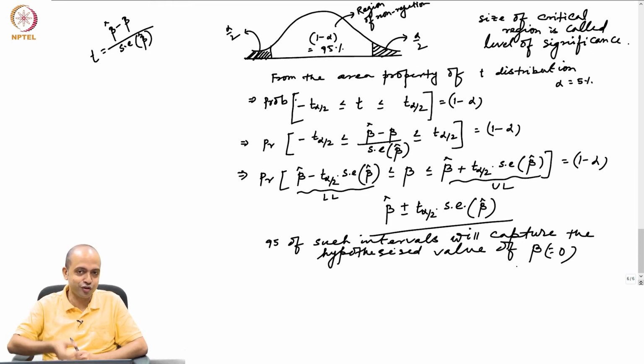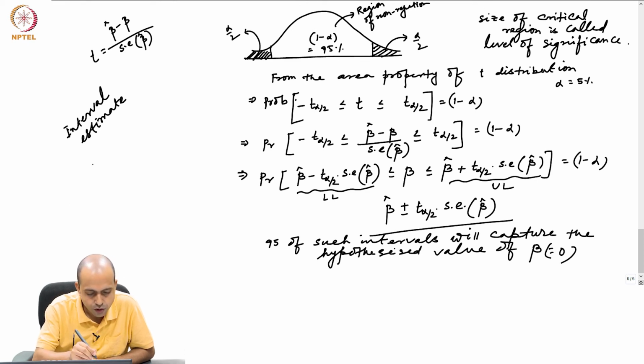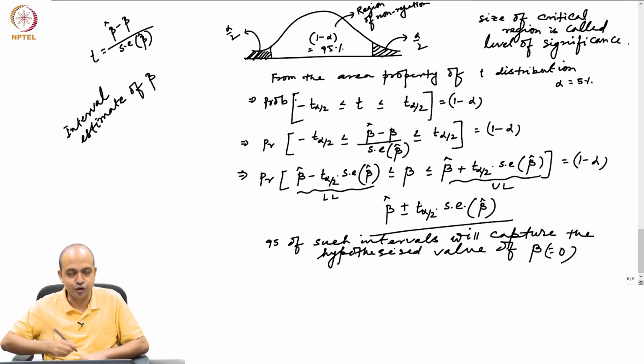Now, in this process we have defined the interval estimation also. If you recall, we say that there are two types of estimates: interval estimate of beta hat, or of beta.